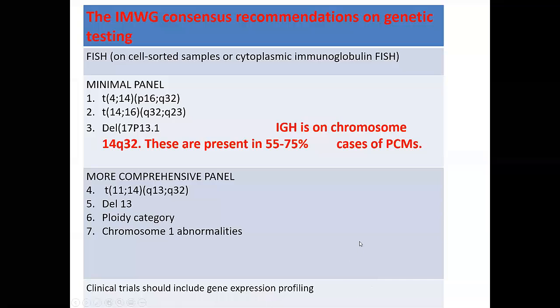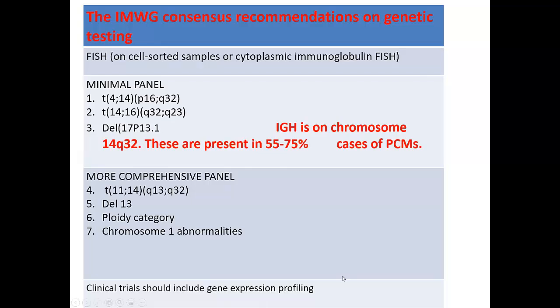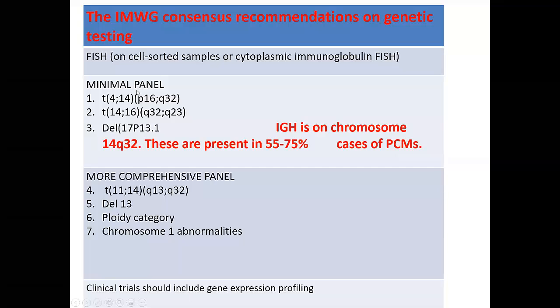Now, what is the IMWG consensus on genetic testing? They say that in every case, we should put up a minimal panel of 3, which is t(4;14), t(14;16), and deletion 17p. A more comprehensive panel should include 4 more: t(11;14), deletion 13, ploidy category, and chromosome 1 abnormalities.